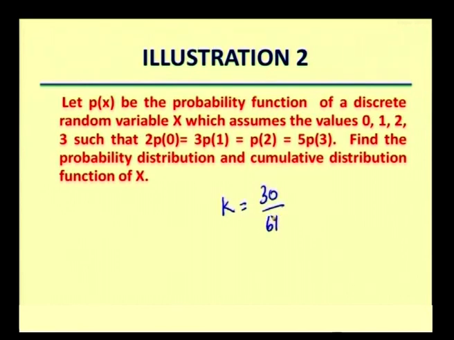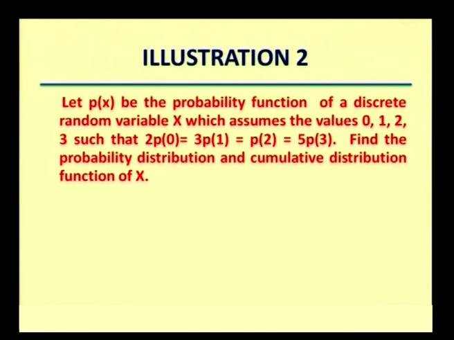These k values again should be substituted in the respective probabilities to get the probability function of x. Okay. So, if I write x values as 0, 1, 2, 3, the corresponding p of x values were k by 2, k by 3, k and then k by 5.